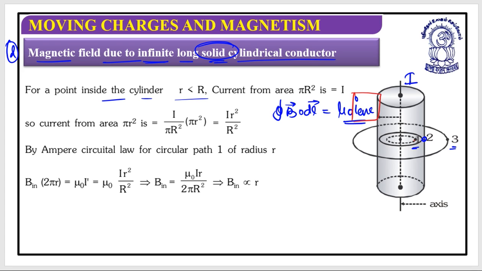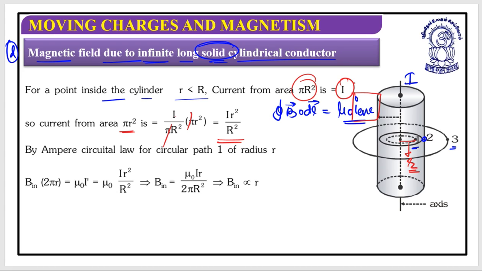The total current is I, flowing through the area pi R square. So this is a smaller radius. Let's have a look closely. The current through the area pi r square is I by pi R square multiplied by pi r square, which is I into r square by R square.